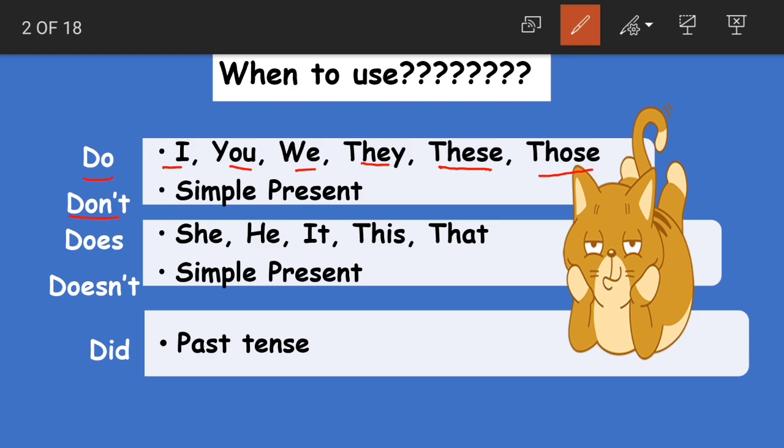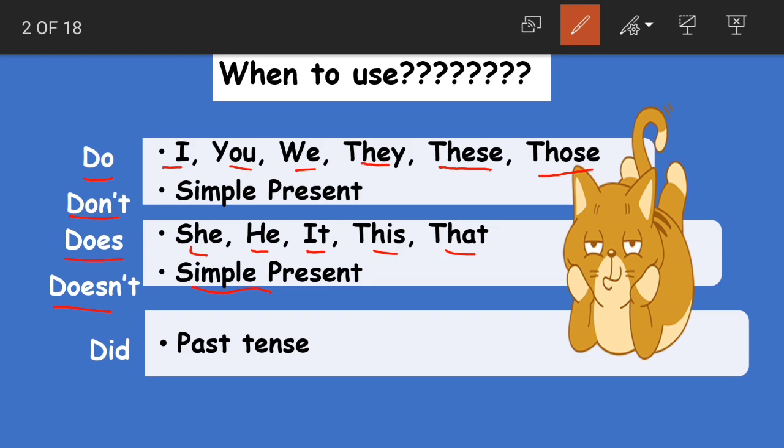And she, he, it, this, that. When you have to address the sentence with these pronouns, then you have to use does and does not. Again, the sentence must be in simple present tense.